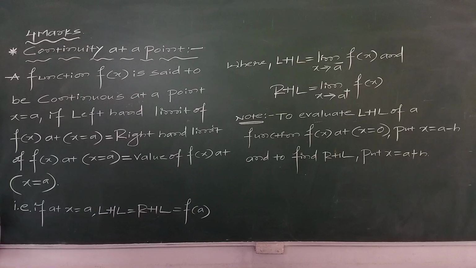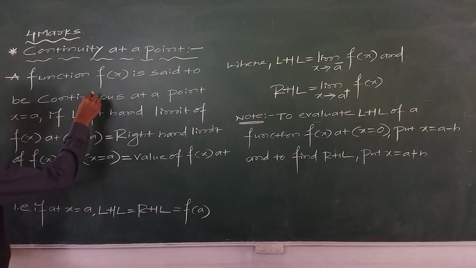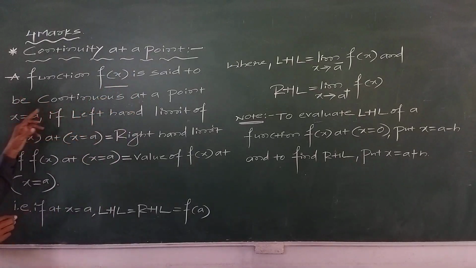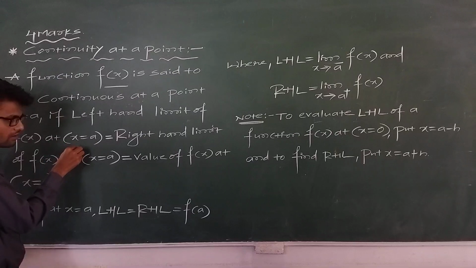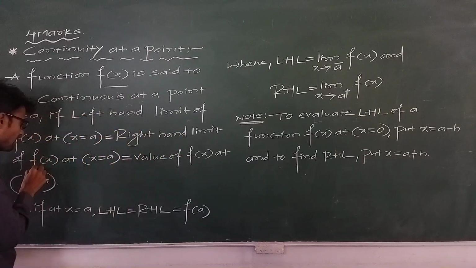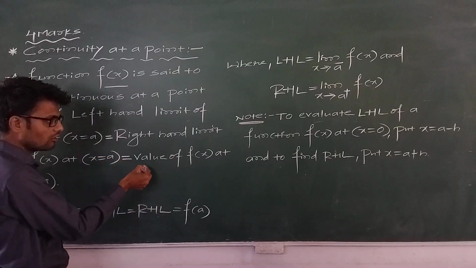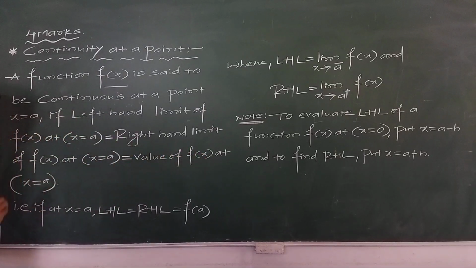See the definition of continuity at a point. A function f of x is said to be continuous at a point x equal to a if the left hand limit of f of x at x equal to a is equal to the right hand limit of f of x at x equal to a is equal to the value of f of x at x equal to a.